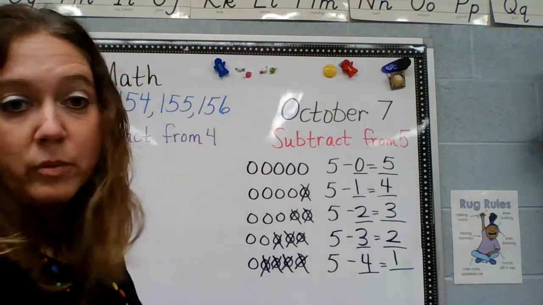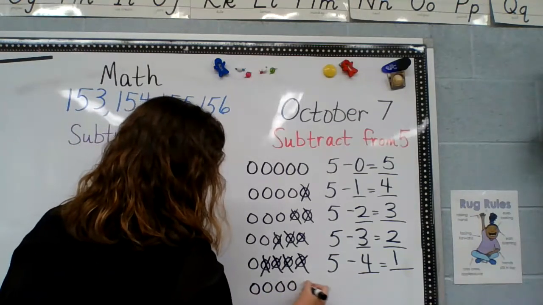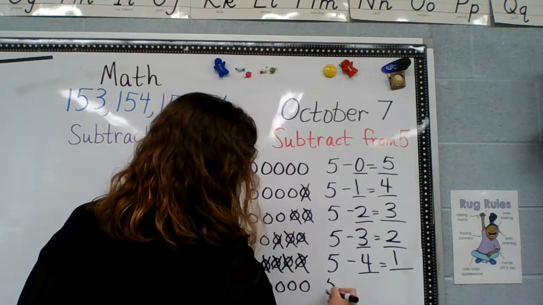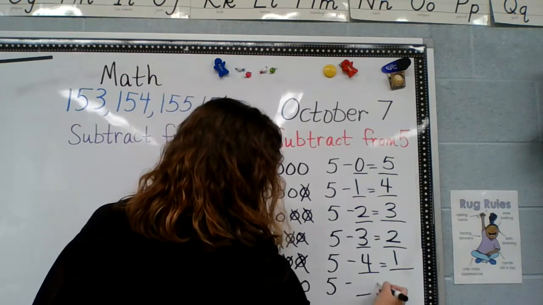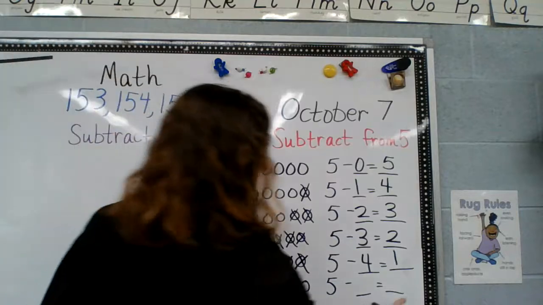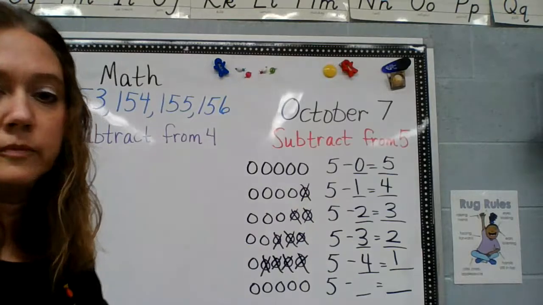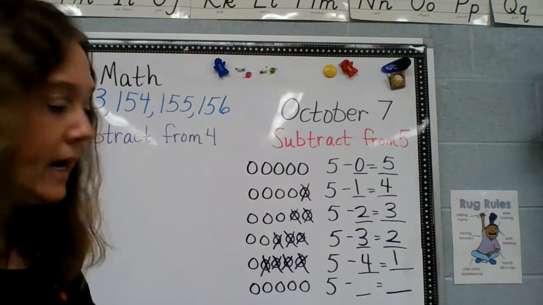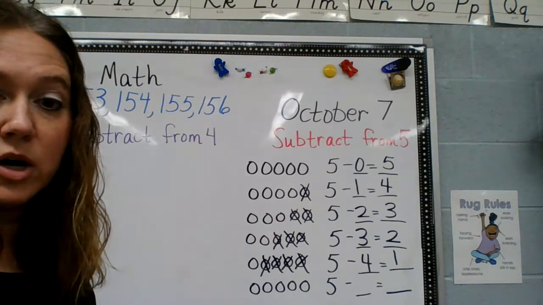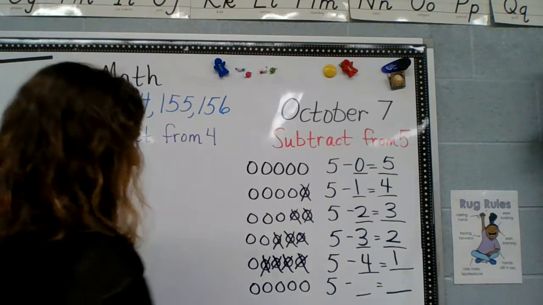Now we have one more problem. I'm going to draw 5 and write our last number sentence. 5 minus blank equals blank. This time, how many are we going to cross off? All of them.